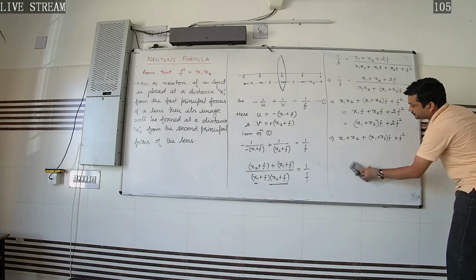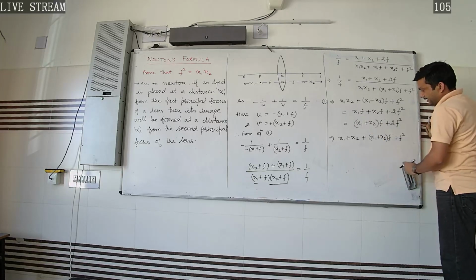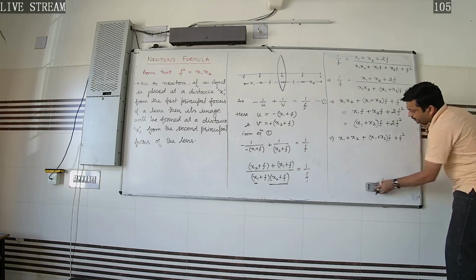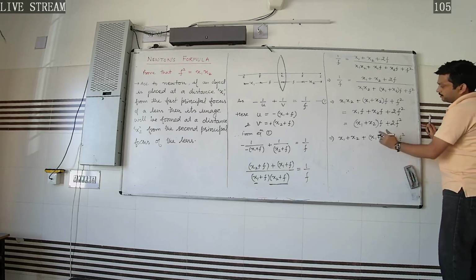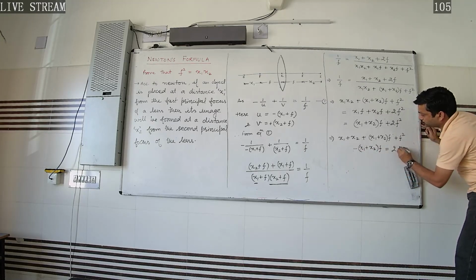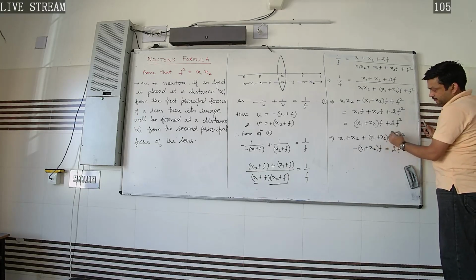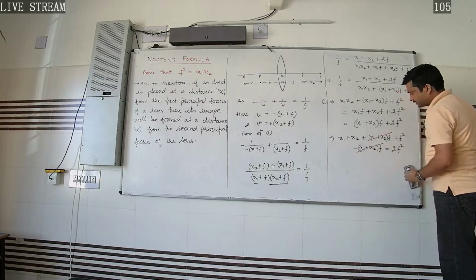If I take this x1 plus x2 into f on this side, then we get minus x1 plus x2 into f is equals to 2f square. So this term and this term, they both will get cancelled out.